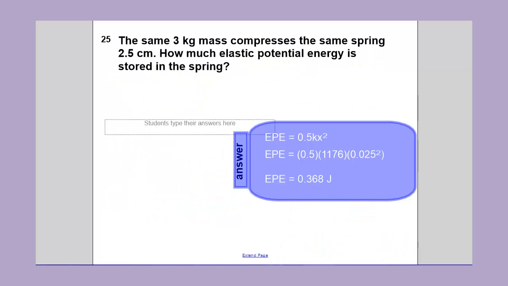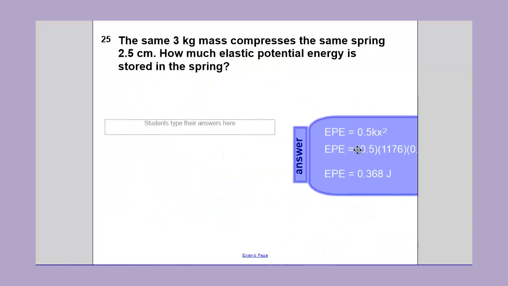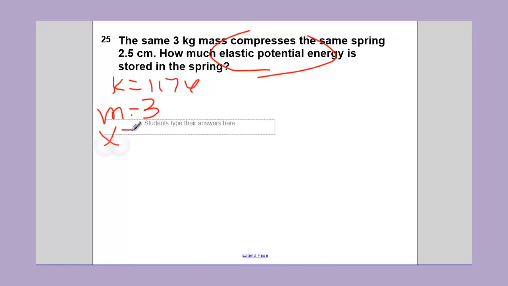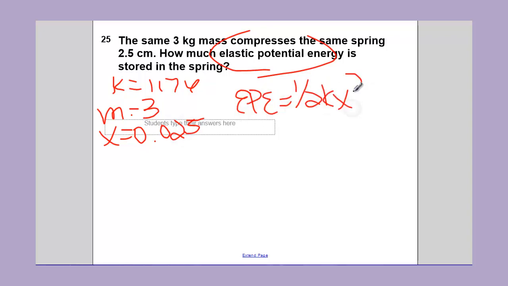So now in the next problem, using the K that we just got, so K equals 1176, they want us to now find the EPE. So we've got our mass equals 3, and we've got our X was 0.025. So now we just have to do EPE equals 1/2 KX squared, and just plug our numbers in.